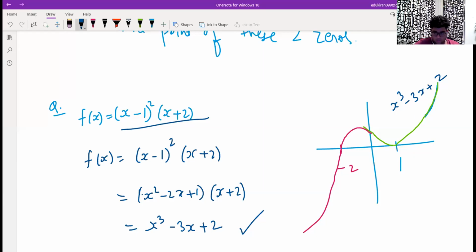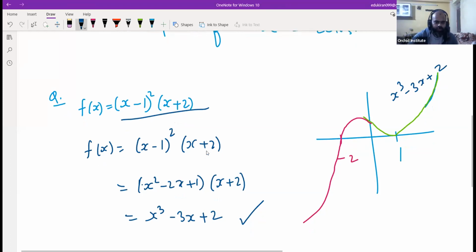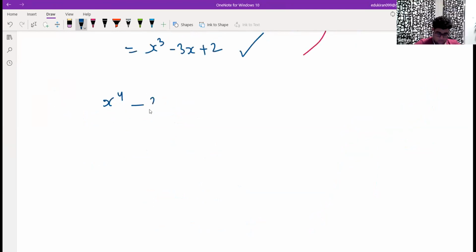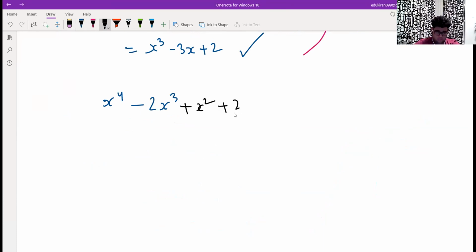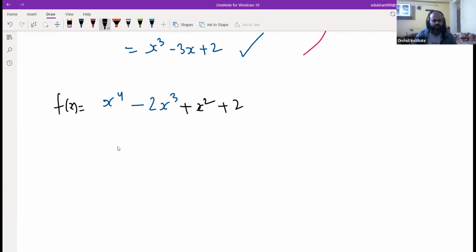I got x raised to 4 minus 2x cube plus x square, just x square, plus x square, plus 2. Okay, so what were the roots which were given?